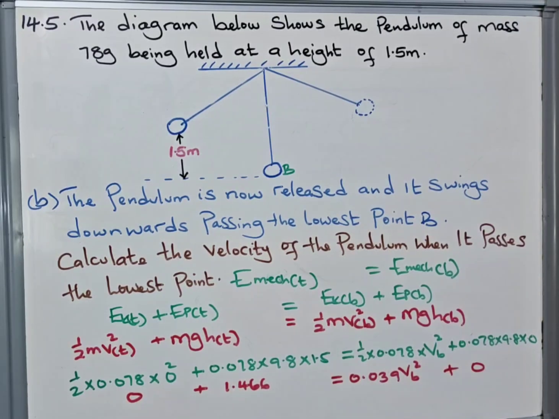So this is what we are having. And we get VB squared. So VB squared is equal to 1.1466 over 0.039.